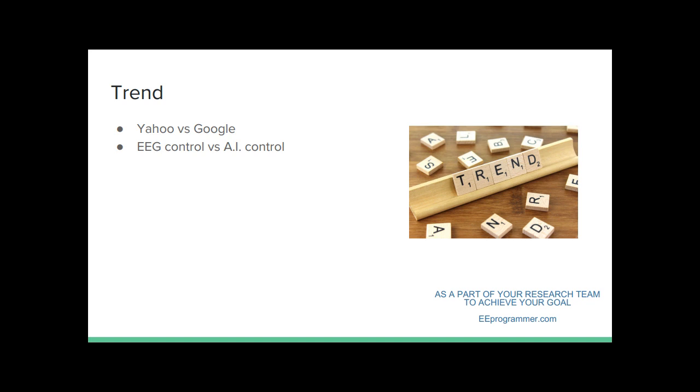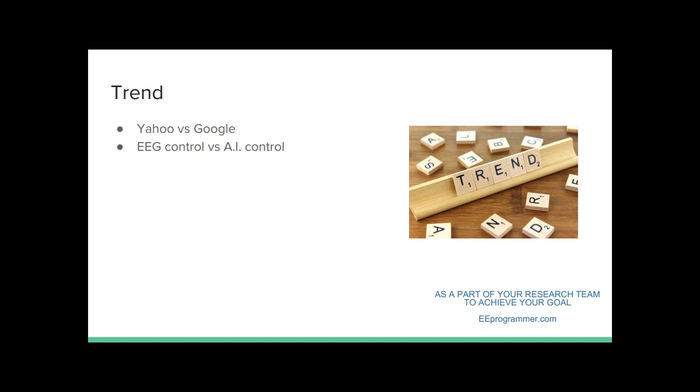Do you like Yahoo or Google? I personally have not used Yahoo for at least 10 years. So I think nowadays everyone prefers Google. Maybe when you watch this video, a few years from now, there will be another website, another search engine. So the trend is important.